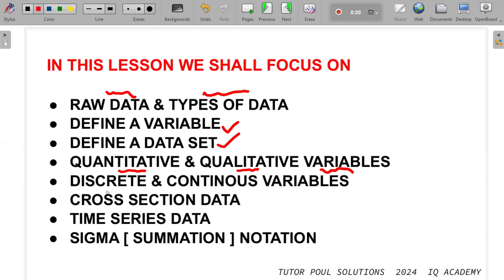We're also going to look at discrete and continuous variables, and then cross-sectional data, and then time series data. And then to close it, we are going to look at the sigma notation. So these are the objectives of this lesson.